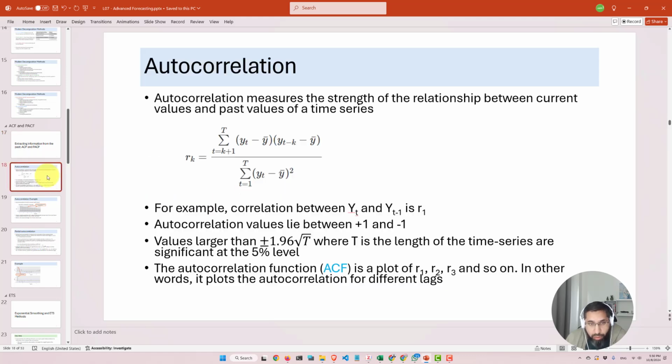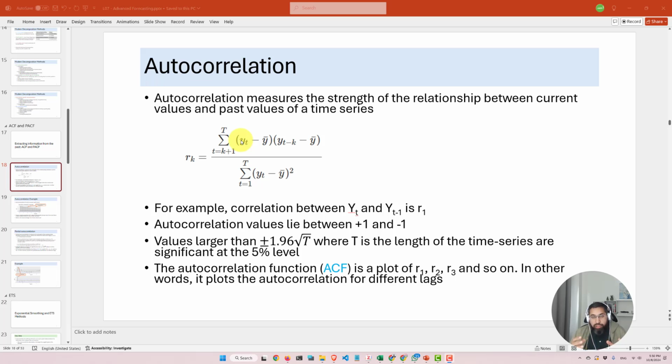Why? Because autocorrelation is correlation between values of the same time series at two different times. If you remember from your statistics class, you studied correlation. Correlation is a measure of the relationship between two variables like x and y. So you have two different variables and you can figure out whether they're related or not.